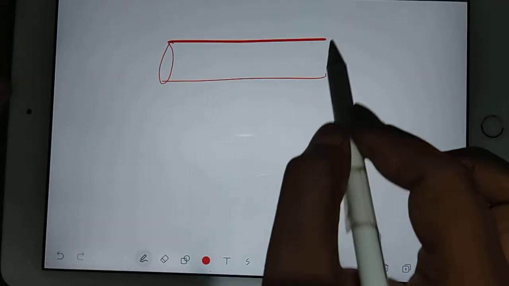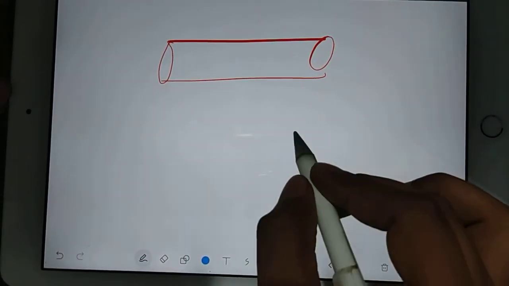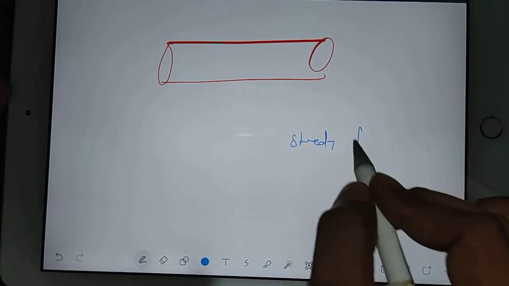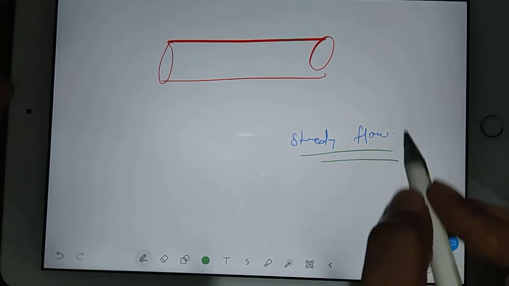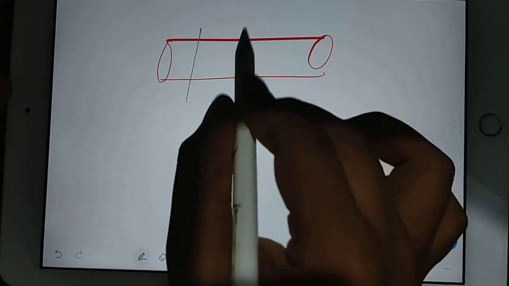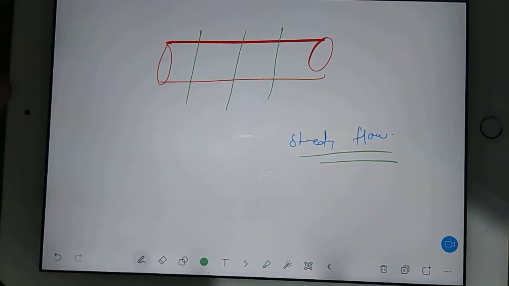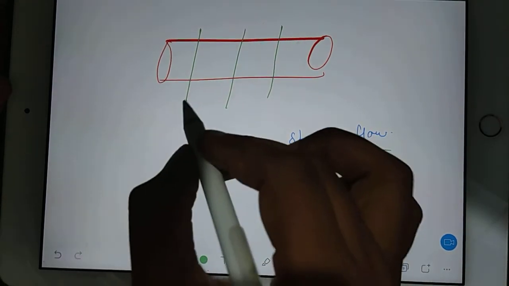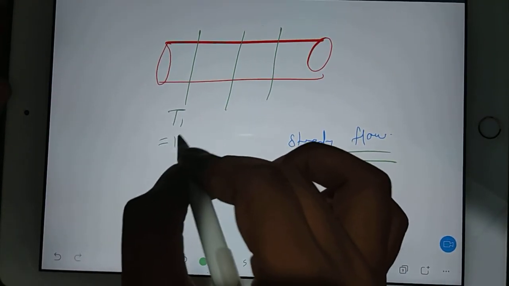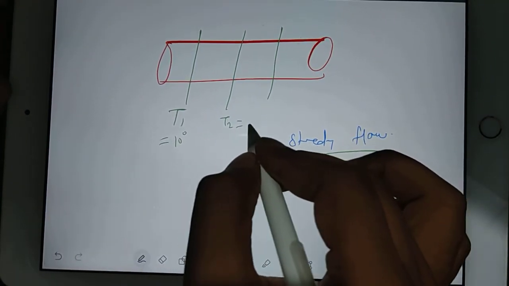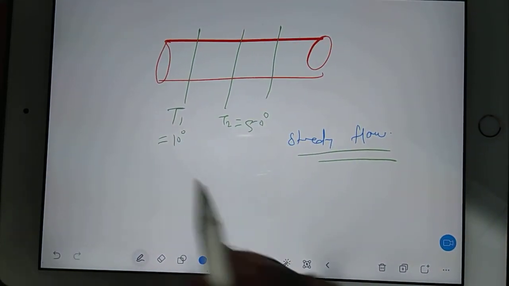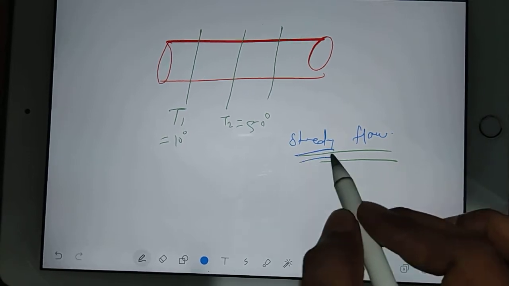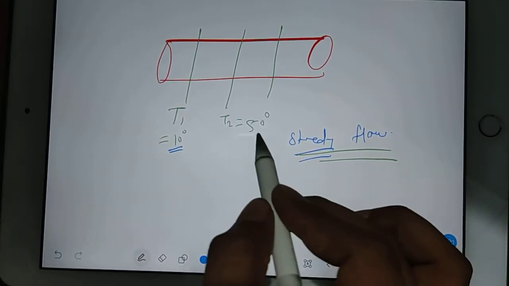Yes, I'll explain again. See, in the pipe, we are discussing steady flow. Whenever you have flow, then at every section you will be having different properties. Here you will be having temperature, suppose 10 degrees Celsius, T2 is suppose 50 degrees Celsius. So the question is, in case of steady flow, are we talking about this value and this value?